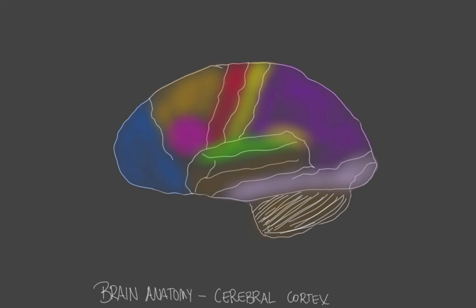So now let's go ahead and talk about language. What are the language centers in our brain? Still with the frontal lobe, we are going to be talking about the region right here called Broca's area. This is a region that is a little bit anterior and also superior to the temporal lobe. Broca's area is important for motor speech.